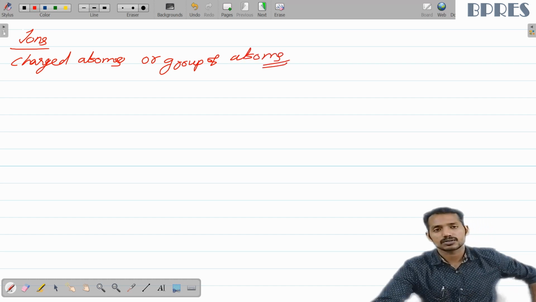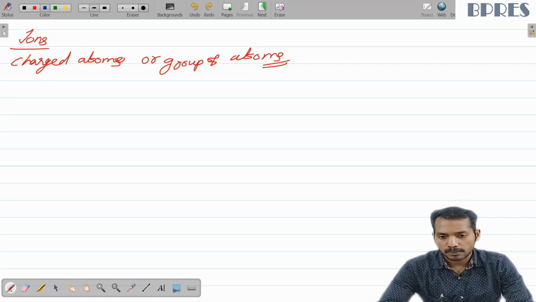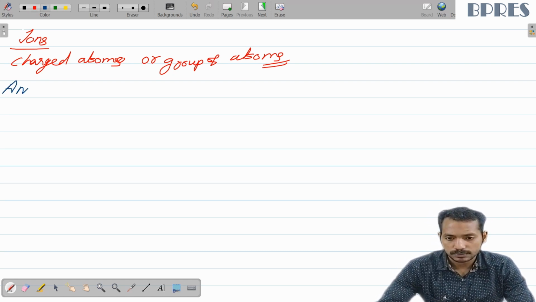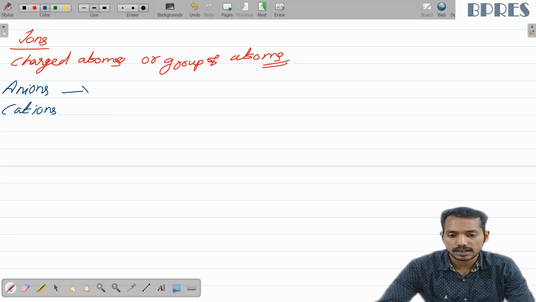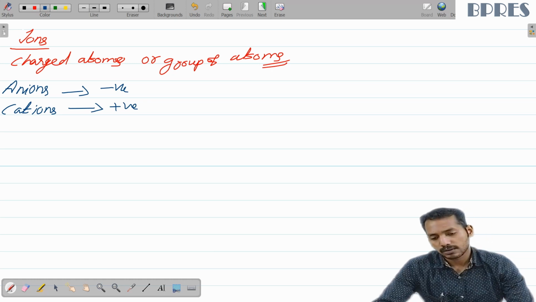This is called ions. There are two categories of ions: one is anions as well as cations. Anions are negatively charged and cations are positively charged. Clear?